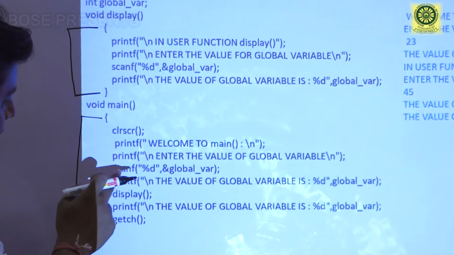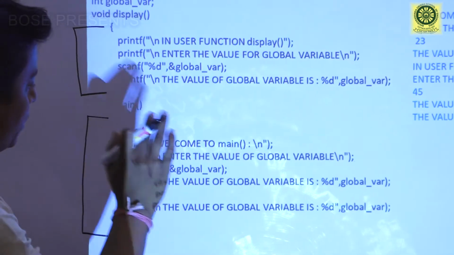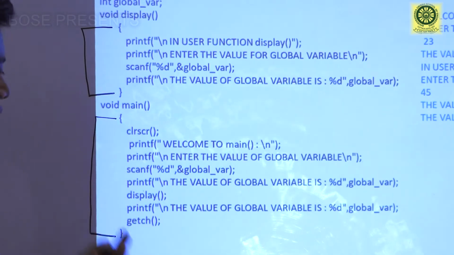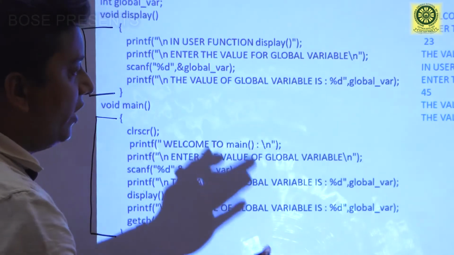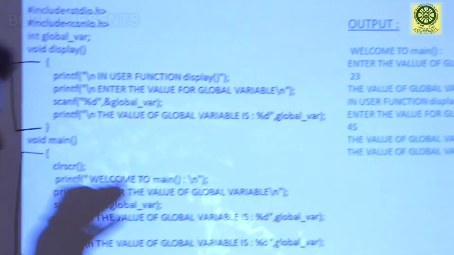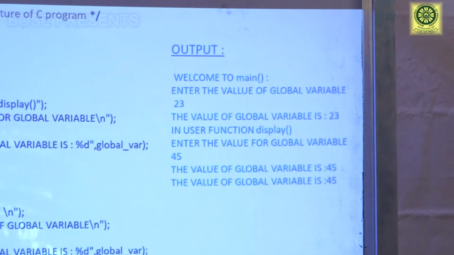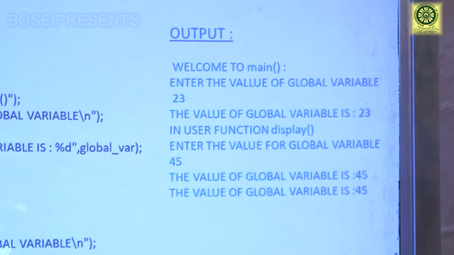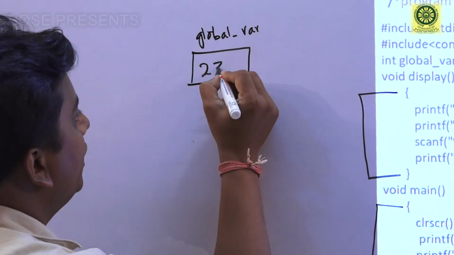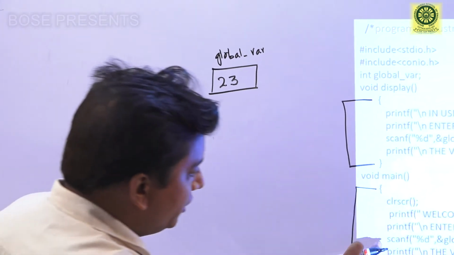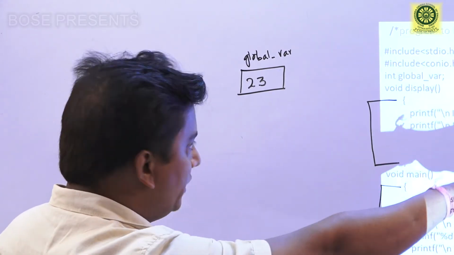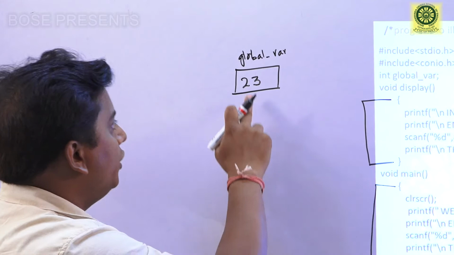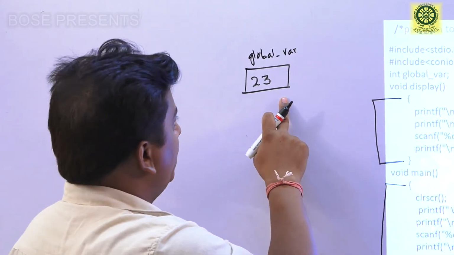So here I have written %d and &global_var. If I enter any numeric value, say 23, then 23 will be stored in this memory location.